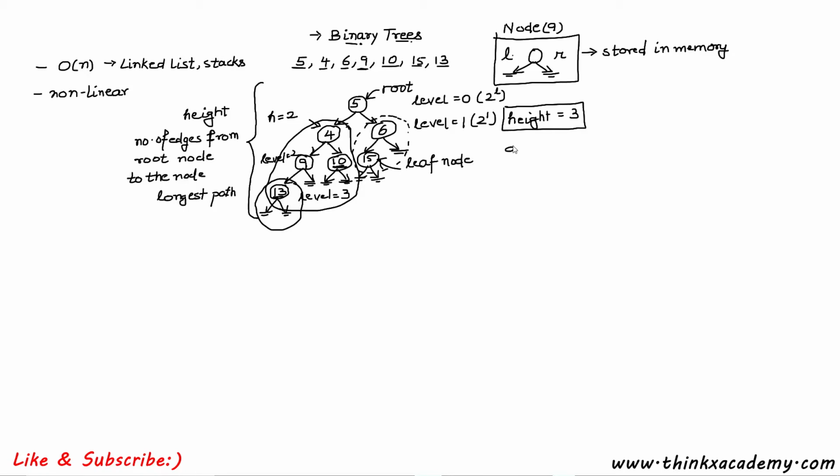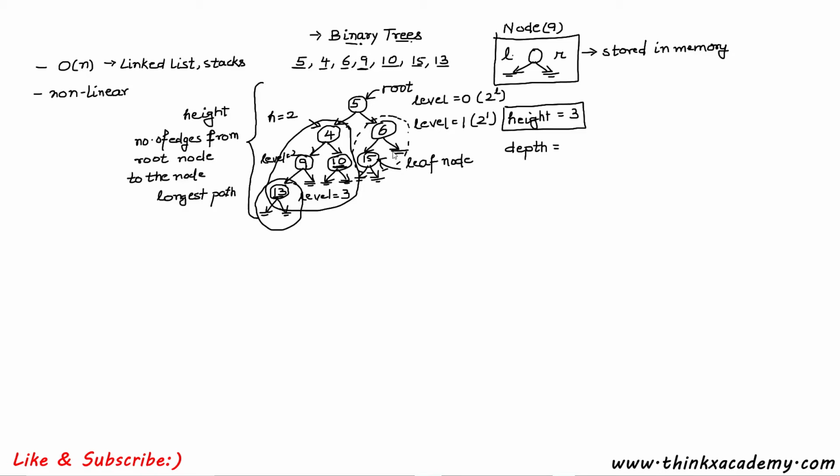Now let's move on to another important term, which is the depth of the binary tree. Depth of the binary tree is defined as the number of edges from the root node to the node that we wish to calculate the depth of.